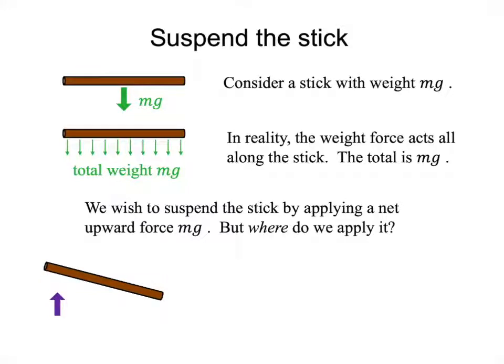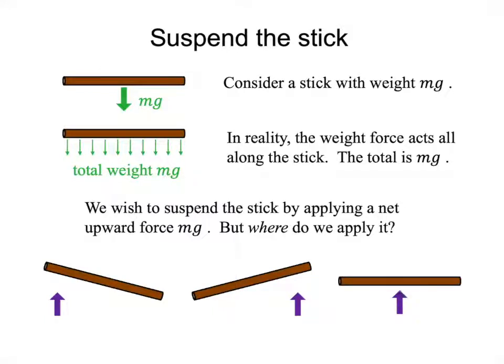There'll be enough upward force to suspend the stick, but the stick won't stay still. And in a similar way, if we apply that force over to the right, then the stick will again rotate. It will not be in balance. But if we apply that force in the middle, then we're fine. The stick can stay suspended.